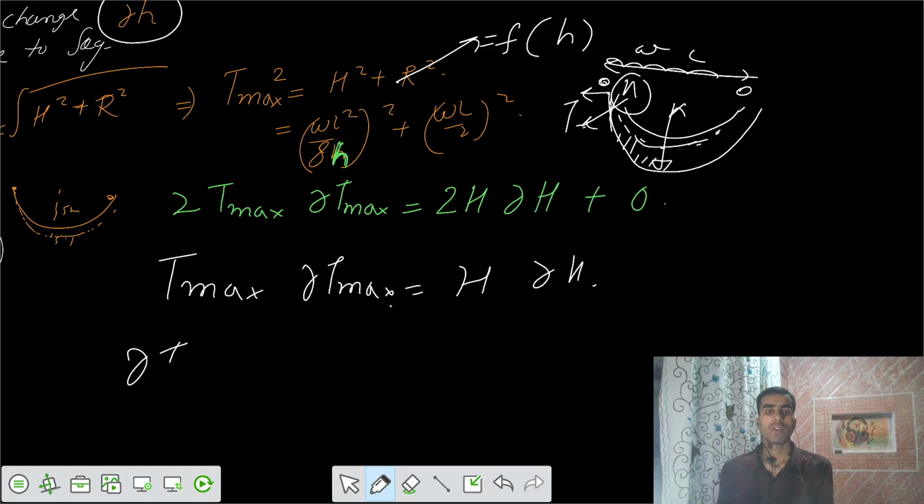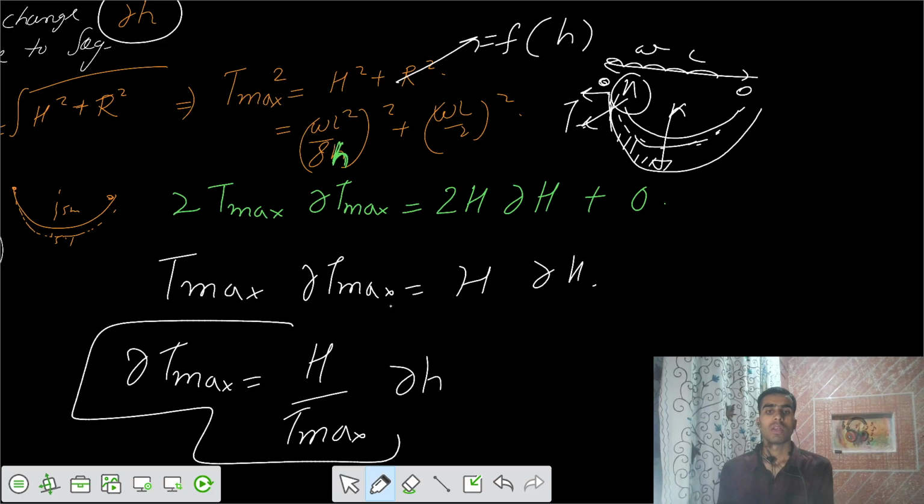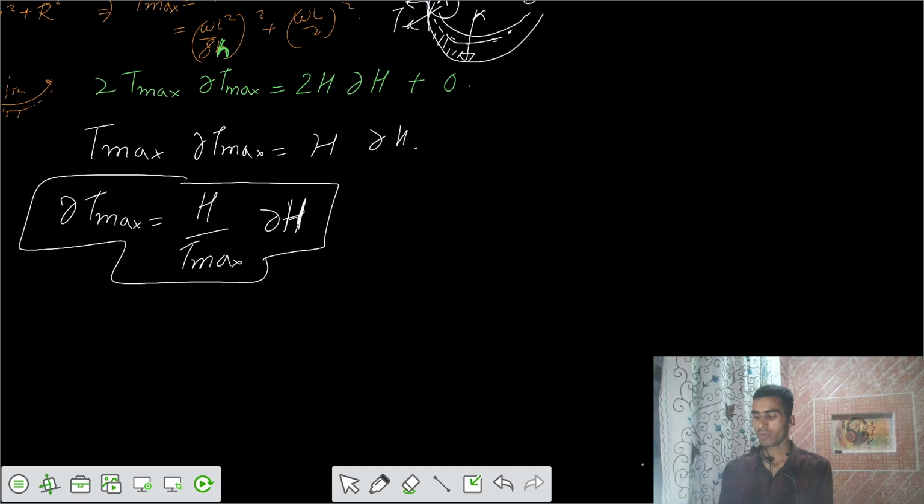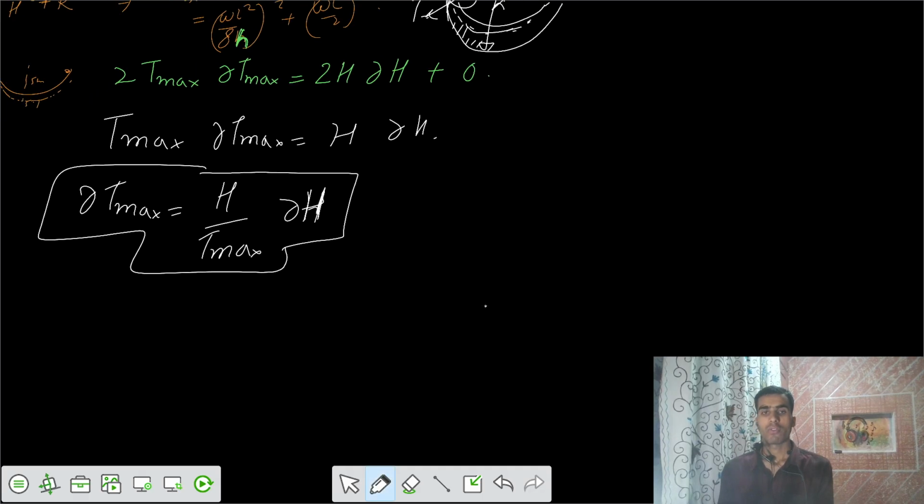And the value of dou T max we can have is equal to H times dou H by T max. That capital dou H is the change in horizontal reaction. This is the equation we derived. We already derived the value of dou H, which was equal to minus H times dou small h by the initial h.